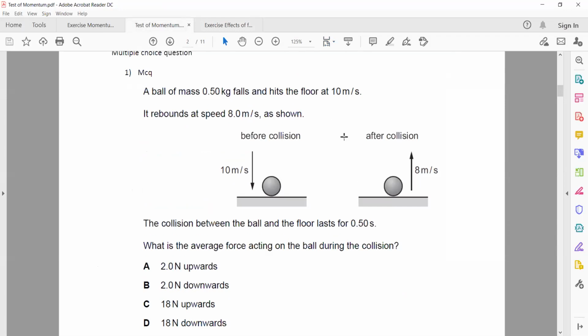Okay. Some questions we just discussed regarding the momentum and change in momentum. A ball of mass 0.5 kilogram falls and hits the floor with a speed of 10 meter per second.